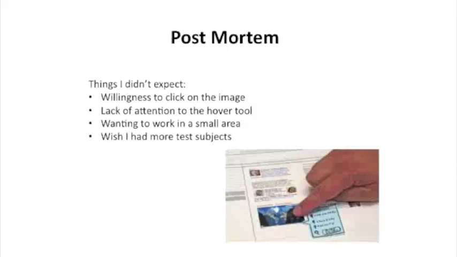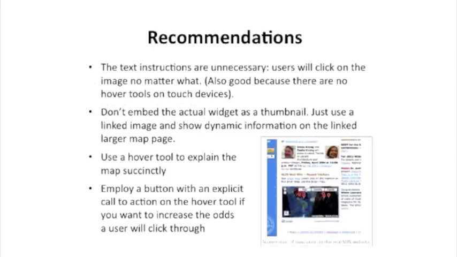So I was wondering, does the hover tool appear on the front page if you recommended that a thumbnail go there, or does it appear after you click on the image? Well, the hover tool only appears if you are hovering over the thumbnail section of the site.